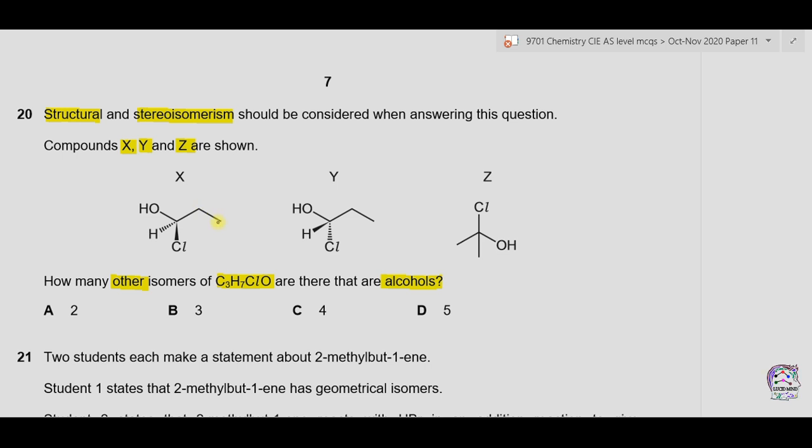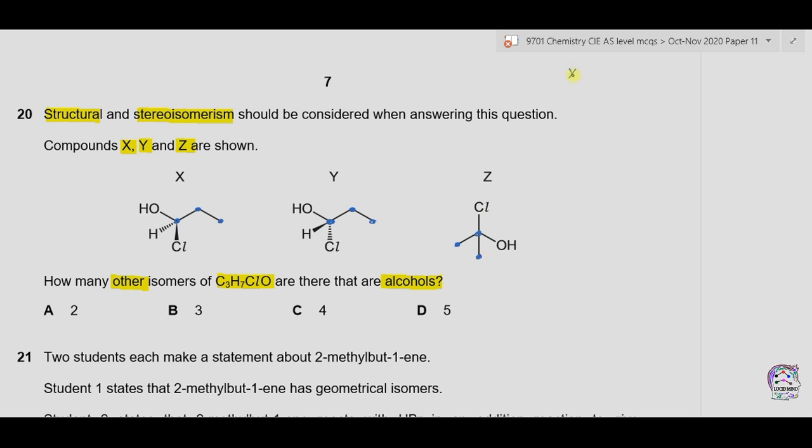Let's first draw the structures of X, Y and Z. In X we have 3 carbon atoms, 1 OH, 1 Cl and 1 hydrogen atom attached to the last carbon. Also in Y we have 3 carbon atoms, and again in Z we have 3 carbon atoms.